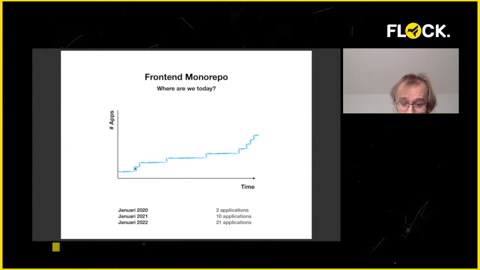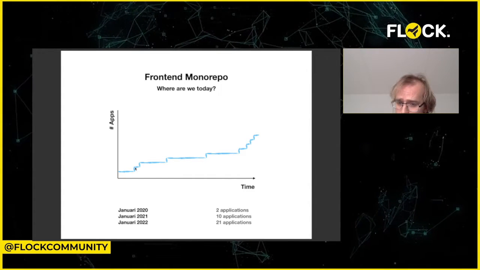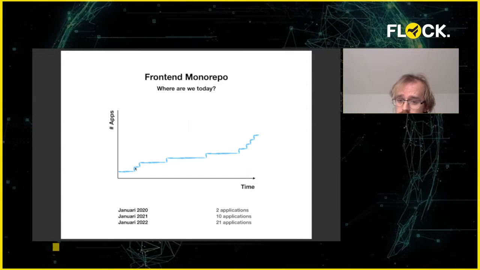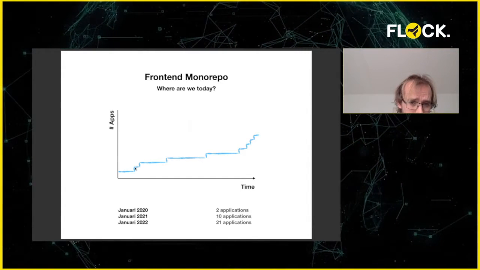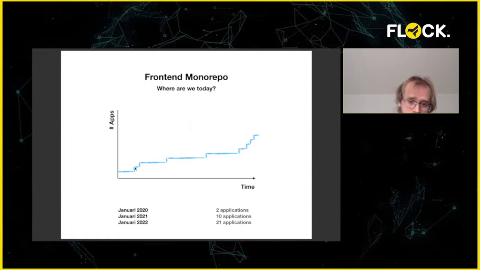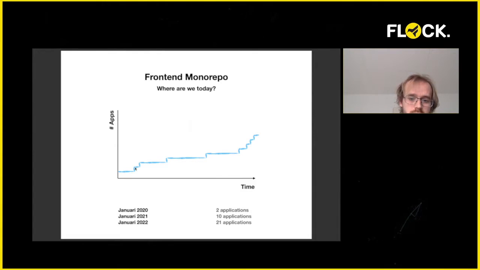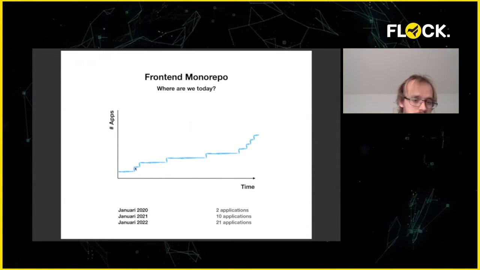The last update on the slide is from January this year, and back then we were at 21 applications. Currently, if we count again, it's maybe 24, 25. So it keeps increasing. It's new applications, but also existing applications that we migrate to the monorepo.